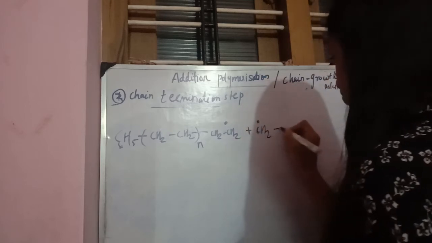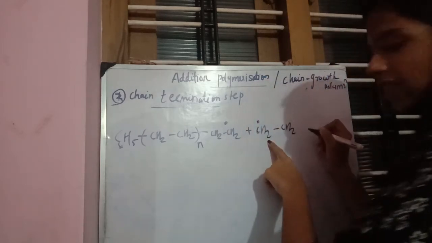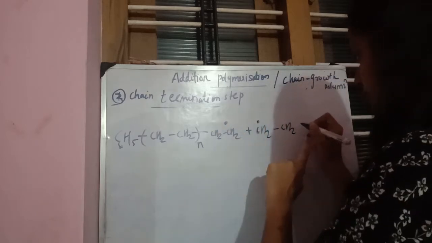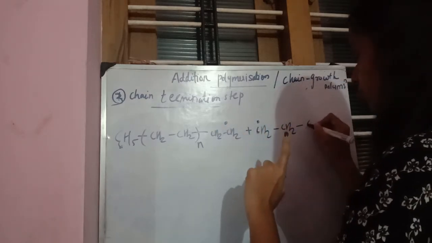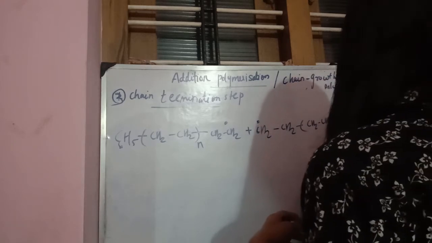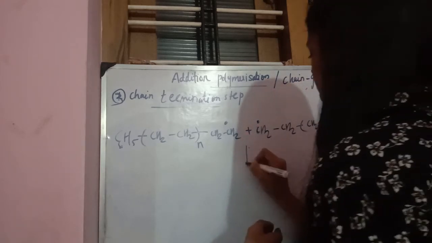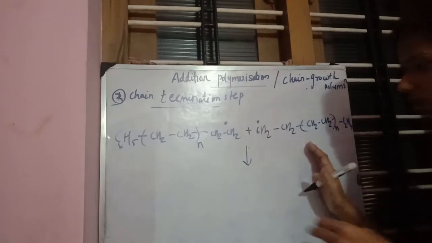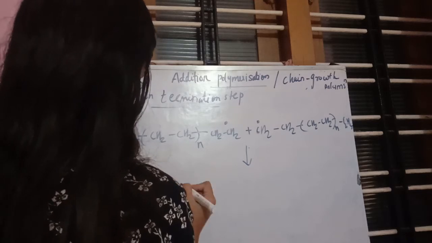That is, I can write CH2, n times, C6H5. This is that radical which is combining. These free radicals are combining together to form C6H5 CH2.